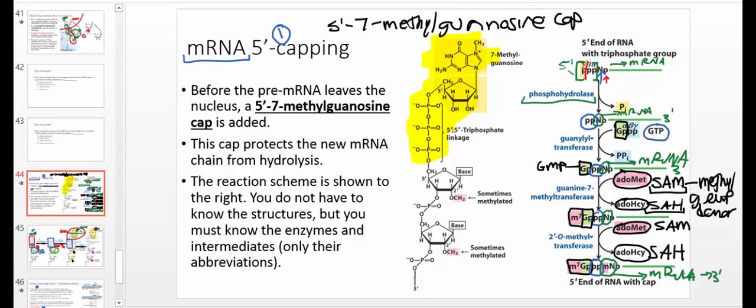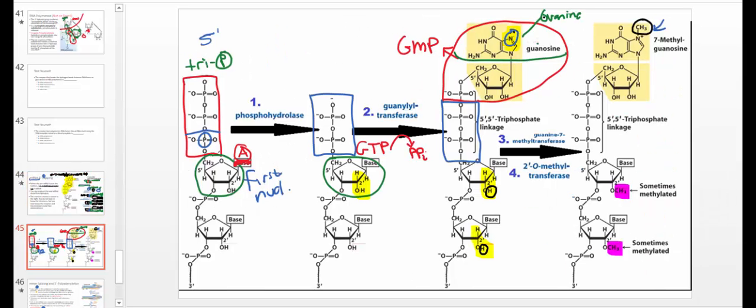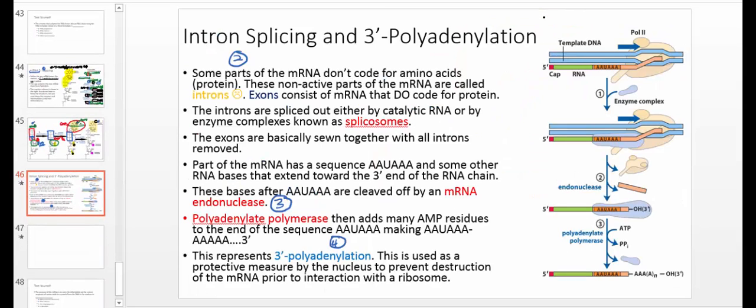And this has several important functions that we'll probably elucidate in later videos. But suffice to say that in eukaryotes, like mammals, this process has to occur before the mRNA can exit the nucleus.